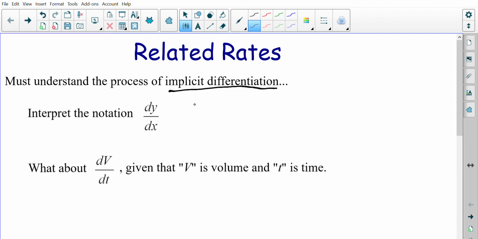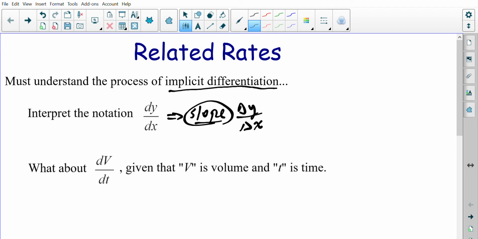So dy over dx we know is slope in the context of taking the derivative. The reason it's slope is because the dy we've uncovered earlier actually means the change in y divided by the change in x. So change in y over change in x is the concept we refer to as slope.